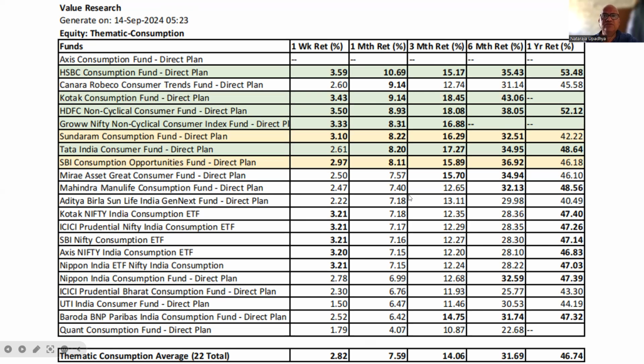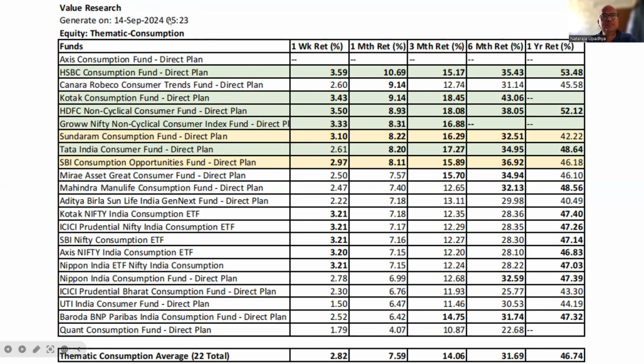It is just distinguishing within the list those funds which are above average in all timelines from 1 month to 1 year as green, and those which are above average in all timelines except for one as amber. So the investment decision is not automatic by looking at the green color. This is just to appreciate within some fund subtype who are the leaders.